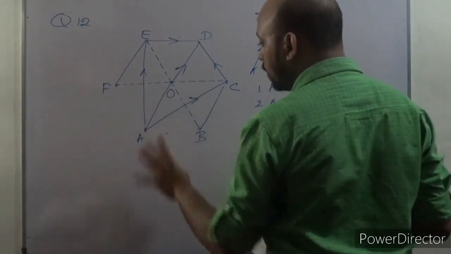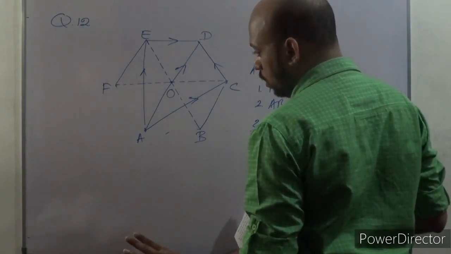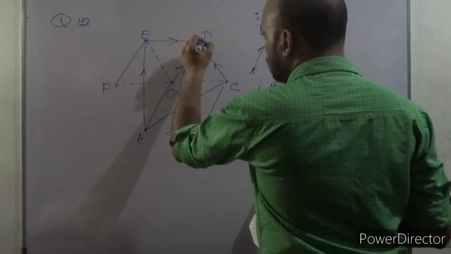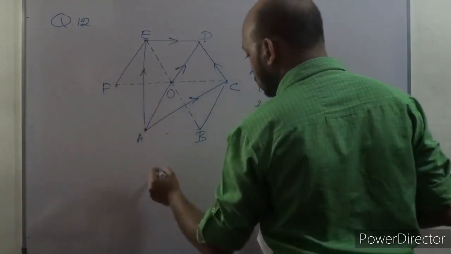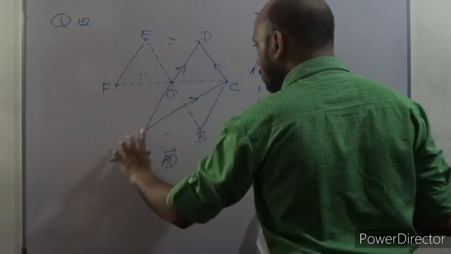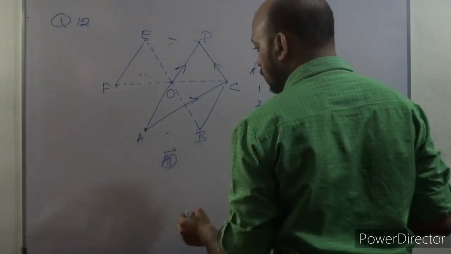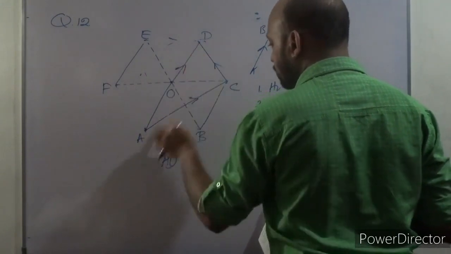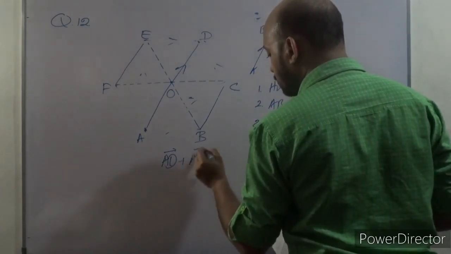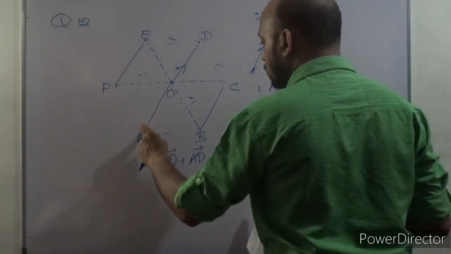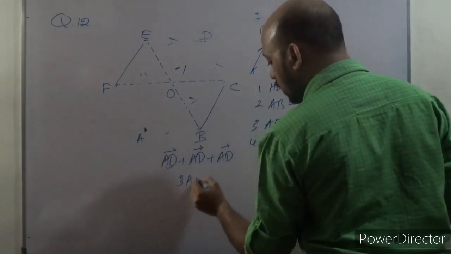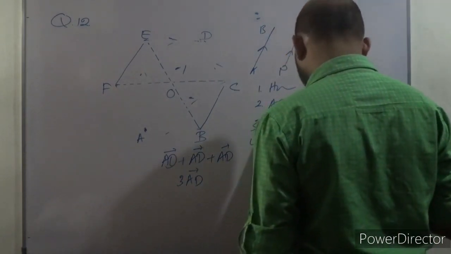Now you can see there are three paths from starting A. If we go A, E, E, D, the resultant is AD, initial to final. Then A to C, C to D, again the resultant is AD. So there's a single vector A to D, so 3 AD. Answer 4.